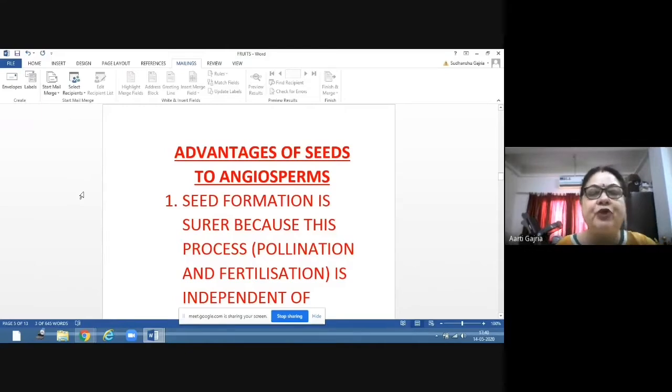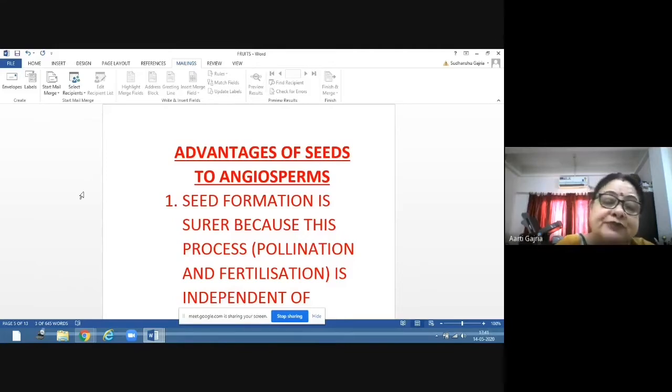What are the processes involved in the formation of seed? Pollination. First, the pollen has to be transferred from one flower to another, or to the same flower. That is pollination. After that, once the male gamete reaches the embryo sac, there is fusion of the male gamete with the female gamete, that is fertilization.